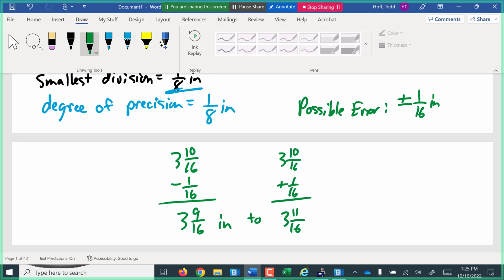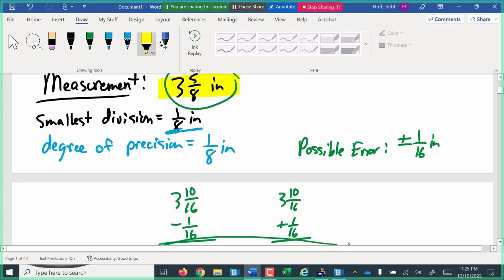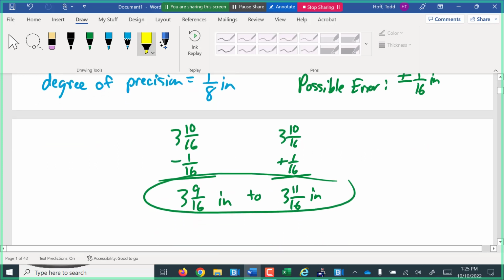Perfect. So we know that that reported measurement of 3 5/8 inches is really saying that object is somewhere between 3 9/16 and 3 11/16 inches.